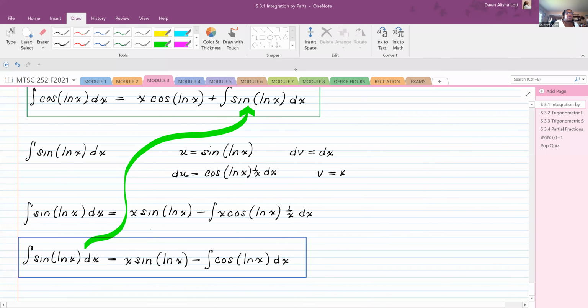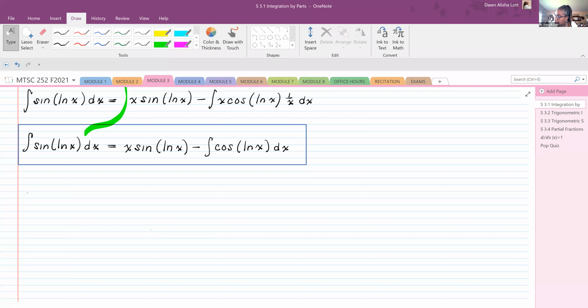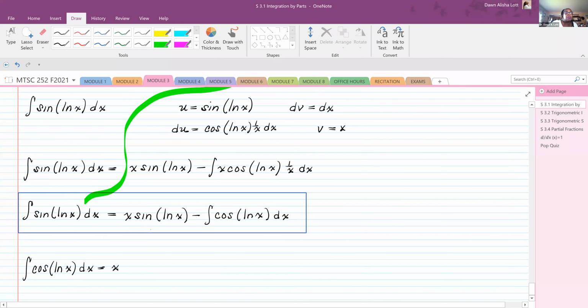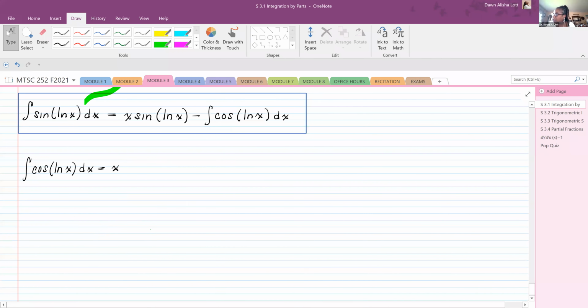So go back to what you were trying to solve originally. The integral of the cosine of the natural log of x dx is equal to x times the cosine of the natural log of x plus the integral of sine.